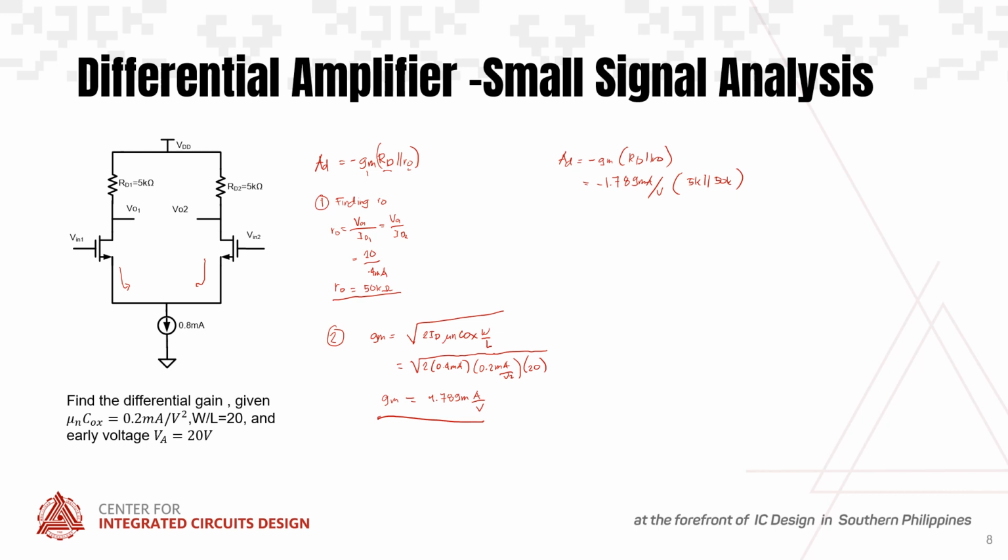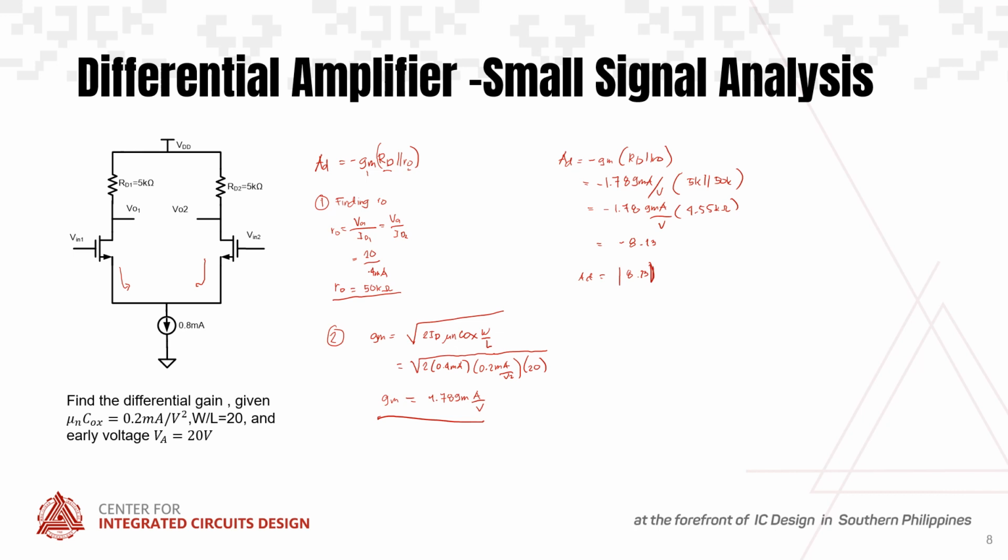And 5K parallel 50K is about 4.55 kilo ohms. So negative 1.789 milliampere per volt times 4.55 kilo ohms. Our differential gain is about negative 8.13, or we can say an absolute value of 8.13, or about 8.